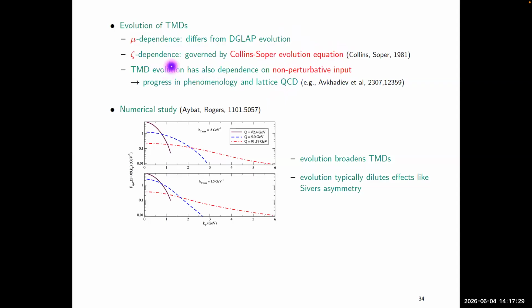And the unique feature of that TMD evolution is that, in contrast to DGLAP evolution, there is also a non-perturbative component in that evolution. And people have really made a lot of effort to extract this so-called Collins-Soper evolution kernel, especially also the non-perturbative part, from, A, data, and B, also from lattice QCD.